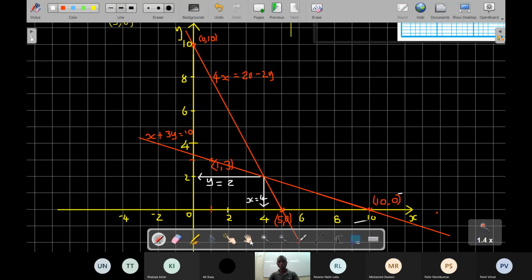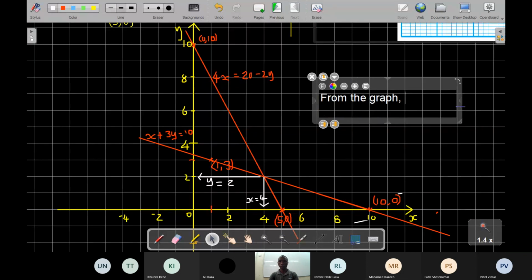So it is good to conclude like this in your book. You just say, from the graph, the solutions are, and then you write them down.